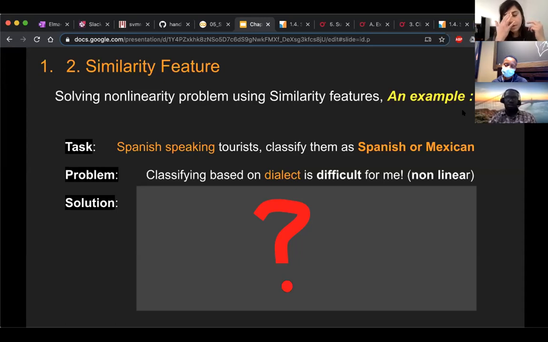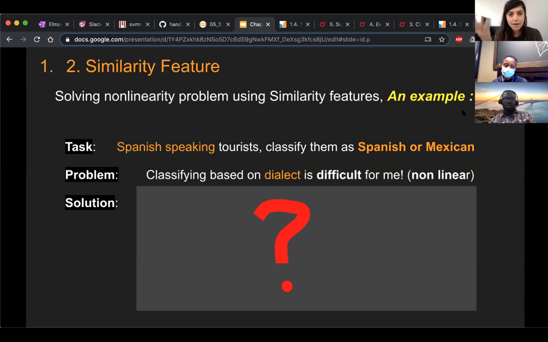I thought, what if I was somebody at a hotel reception, and my job was to listen to people speaking in Spanish and classify them as Mexican or Spanish? This is my task.